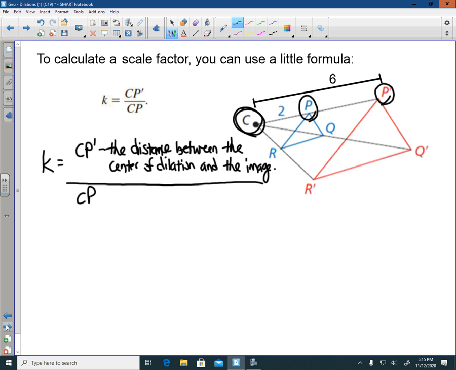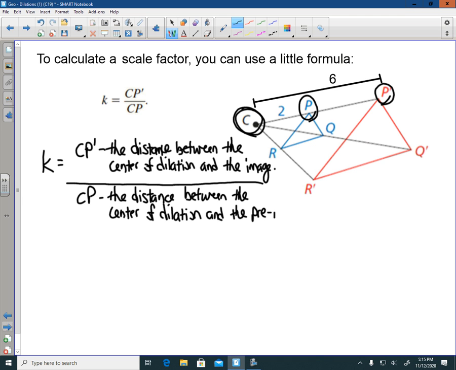So if you know those two distances, you can stack them up in a little division problem and calculate the scale factor K.